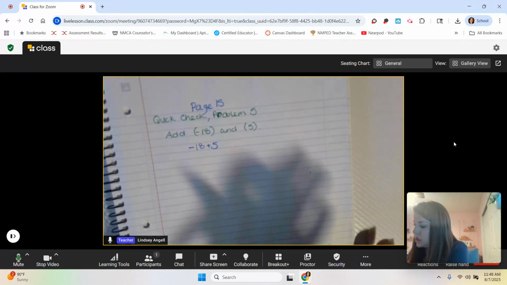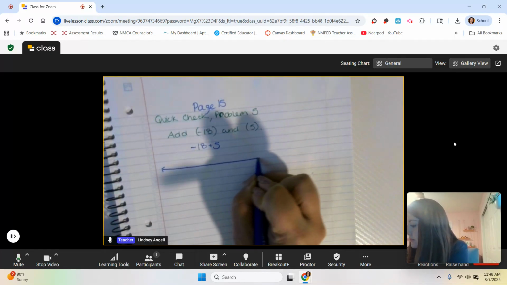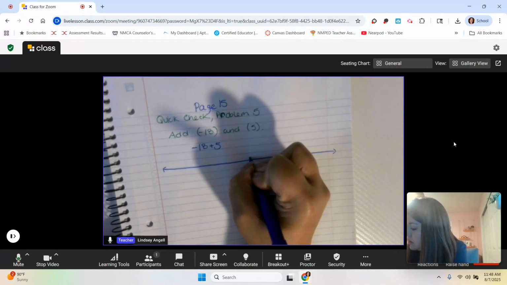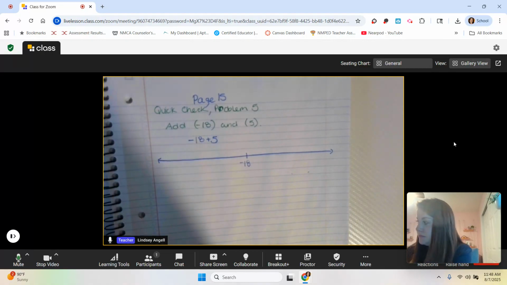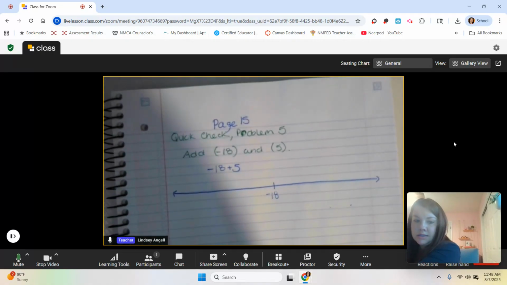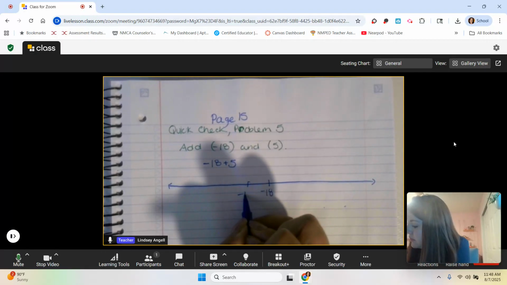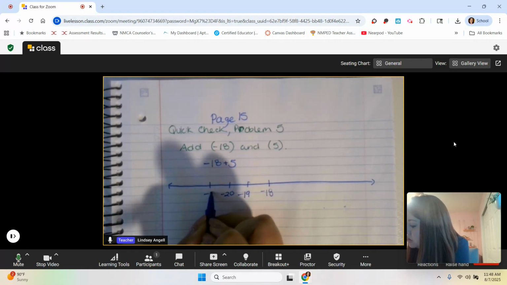So to look at it on the number line again, let's do that real quick. Okay. I'm going to put negative 18 just kind of here in the center. Alright? If I go to the left, I would have negative 19, negative 20. I'm going to go 5 in each direction.